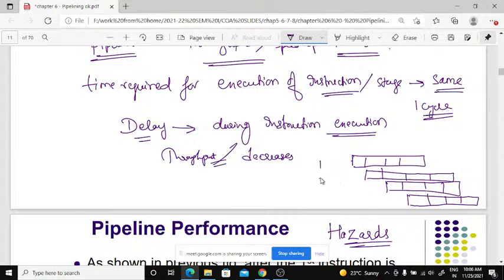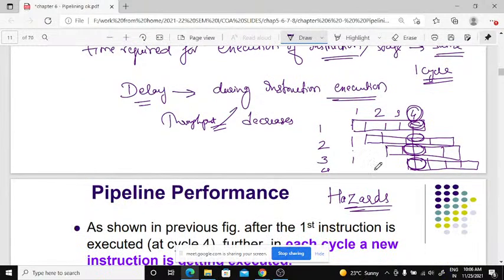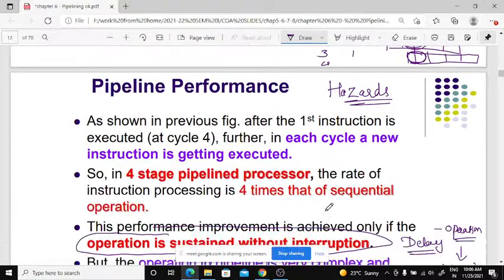So this is the first instruction, second, third and fourth instruction. Here, suppose 1 2 3 4, in the fourth clock cycle you can observe all these 4 instructions are at different stages. Here we consider only 4 instructions, but normally thousands or millions of instructions execute at a time.